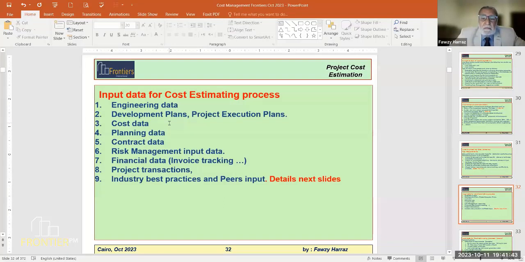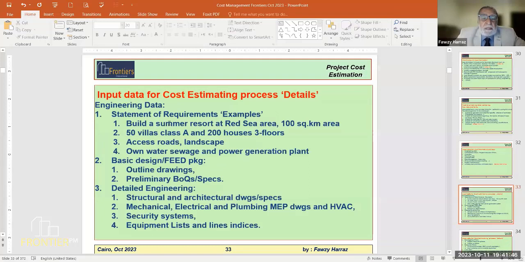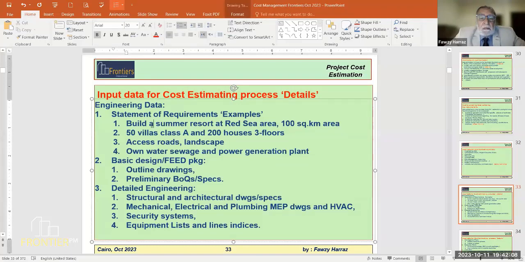Now, some details, input data. We have, for example, building a summer resort at Red Sea area, or a 50 villa project, or access road, or a COG and power generation plan.